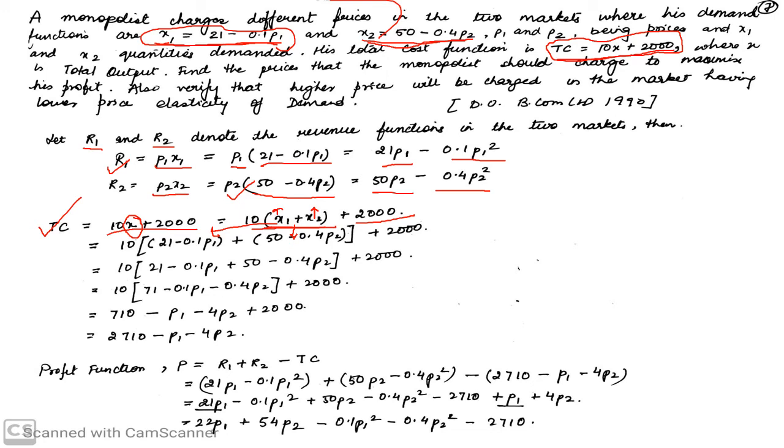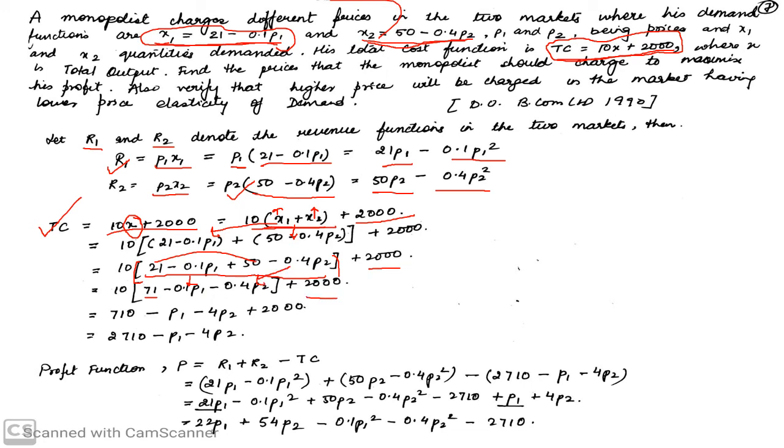We open the brackets here. We get 21 minus 0.1 p1 plus 50 minus 0.4 p2, into whole 10, plus 2000. This is 21 plus 50, which is 71, 0.1 p1, and 0.4 p2 becomes 4 p2, plus 2000.